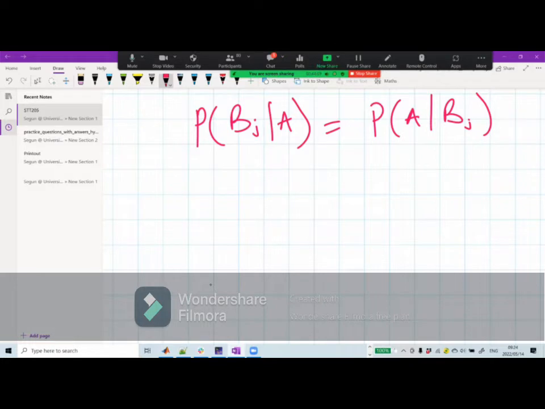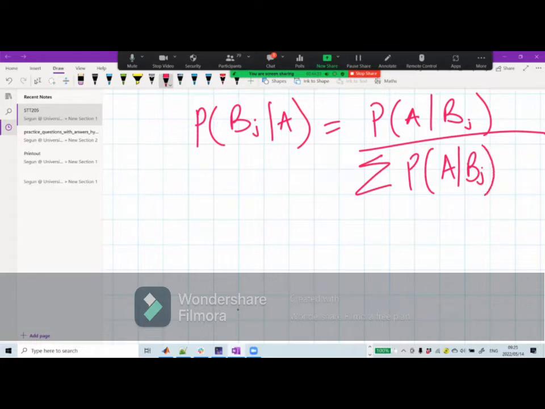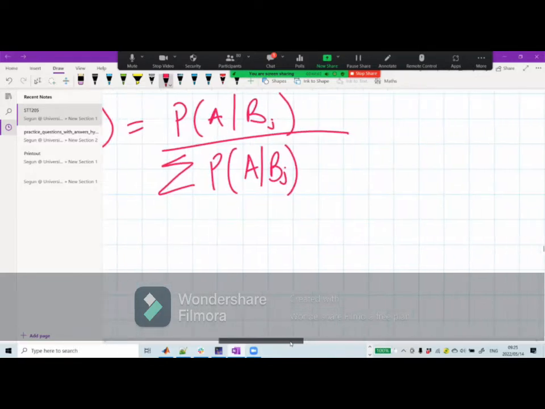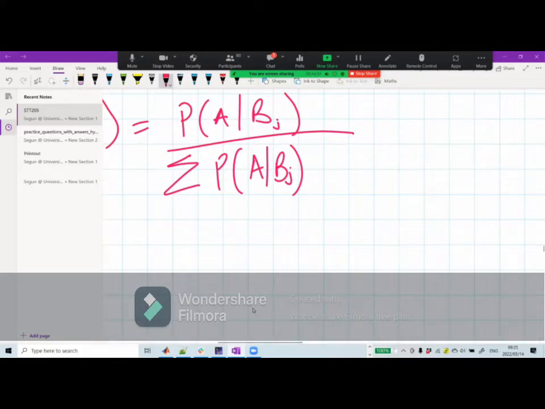divided by the summation of probability of A given Bj divided by probability of Bj.